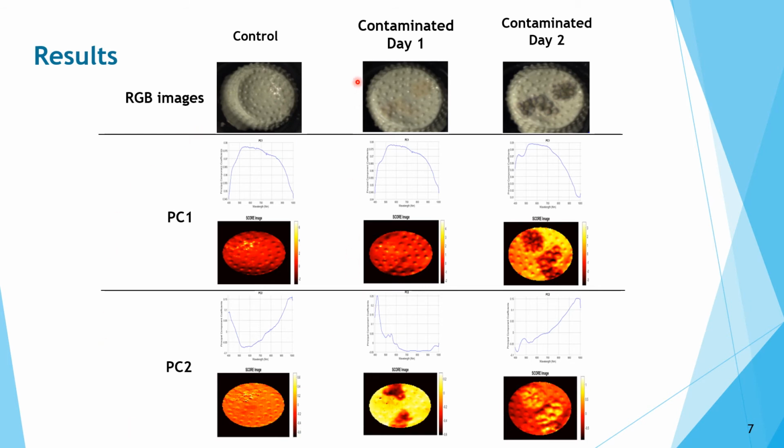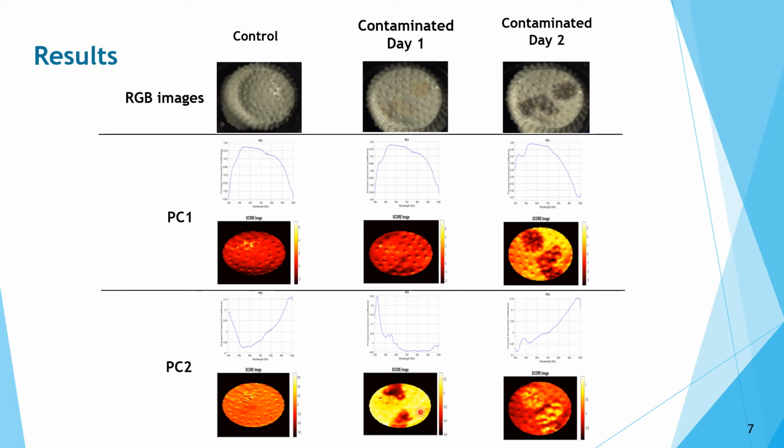However, in the contaminated sample on the first day, where visually there wasn't much that could be observed, there was something going on in the second principal component. The spectral characteristics of the white mold, present in this sample but not visually evident, showed up very clearly in the second principal component.